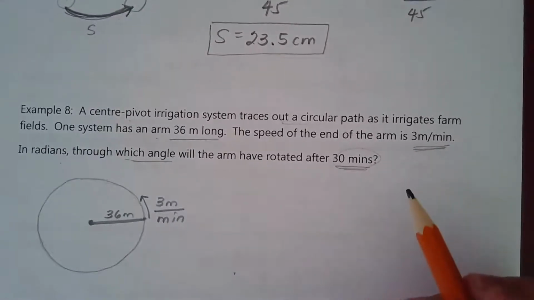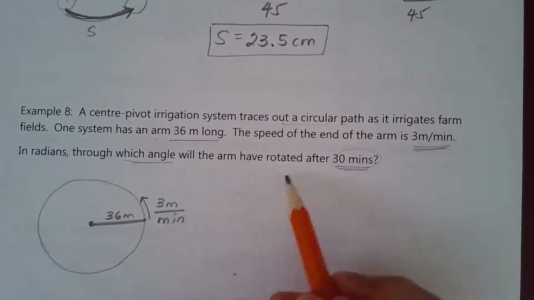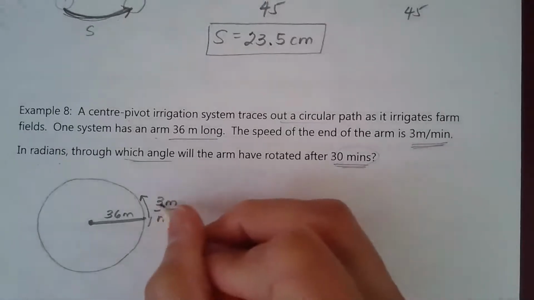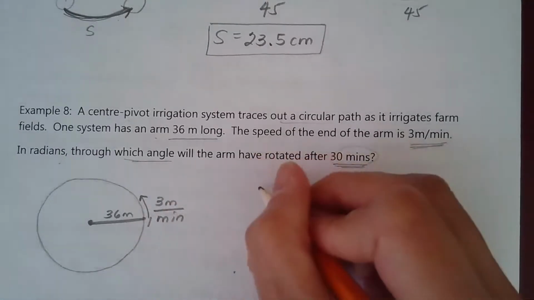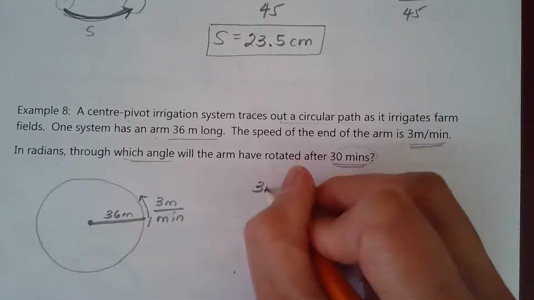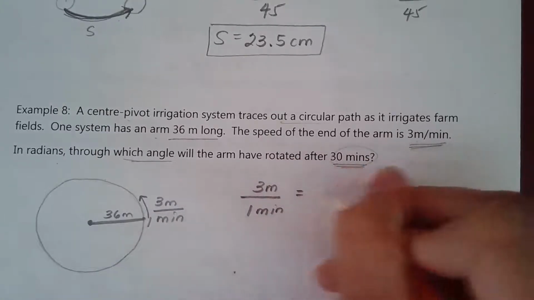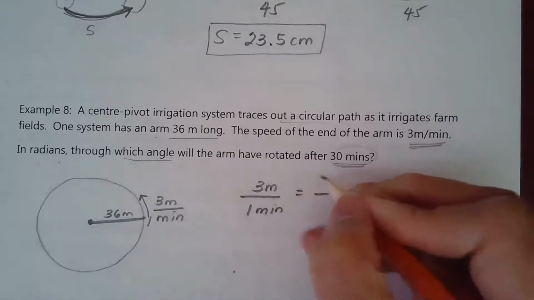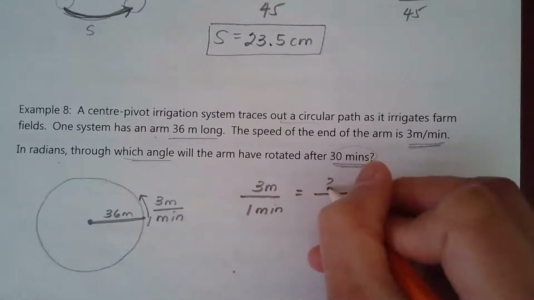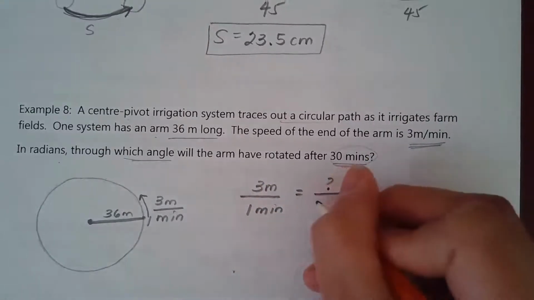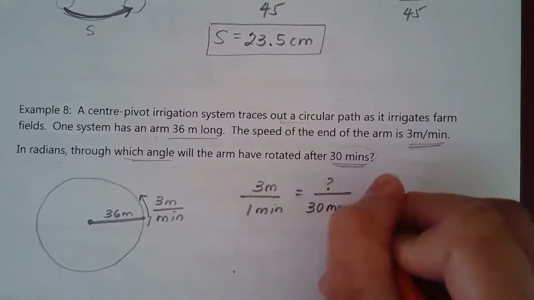Okay. So in 1 minute, it turns 3 meters, right? So we can say 3 meters per 1 minute. How many meters would it turn in 30 minutes?